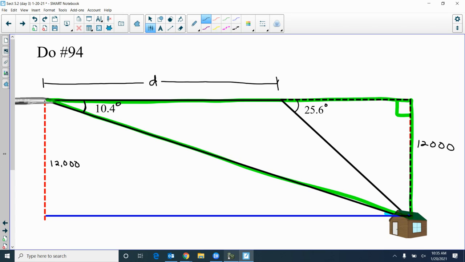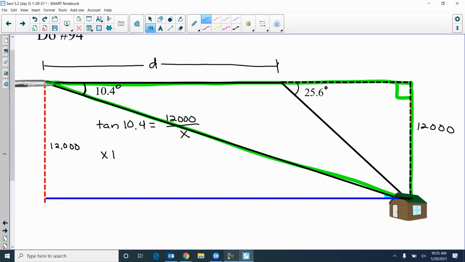And so he said, and I'm just going to set it up. Tangent of 10.4 equals opposite, which is 12,000, divided by x. Because you said divide 12,000 by tangent 10.4, right? Okay. So you get that. Go ahead and get that value if you don't have it yet. And then, like he said, we'll take x times tangent 10.4 equals 12,000, so x equals 12,000 divided by tangent of 10.4.